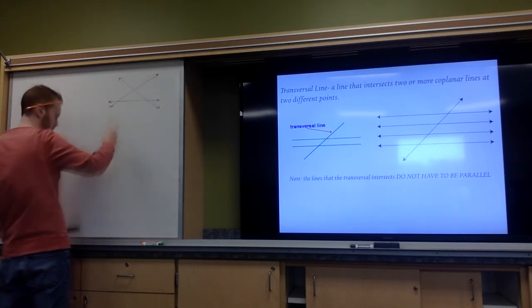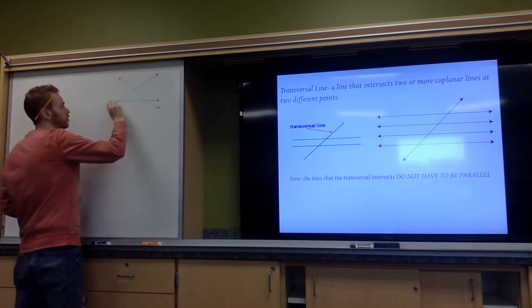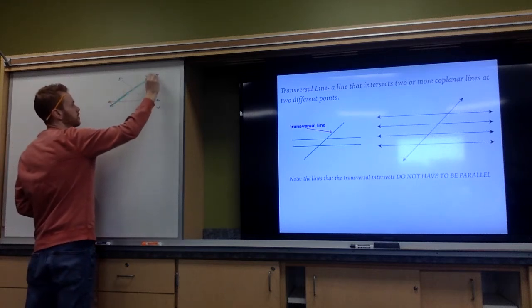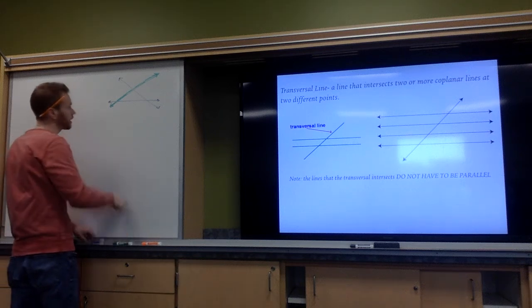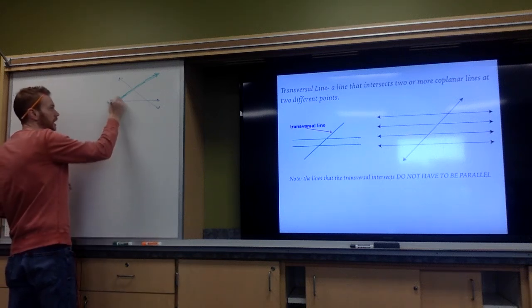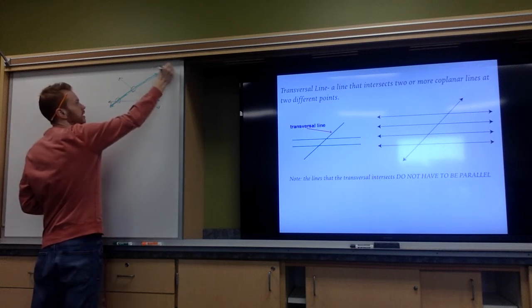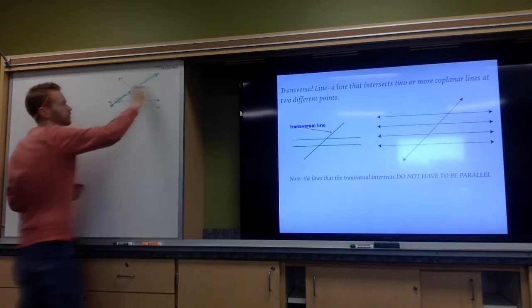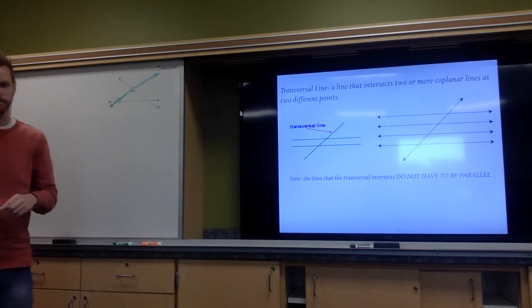So notice how, make this one green. This green line is a transversal line. It cuts through 2 other lines at 2 different points. So this is a transversal line. So this is another good example, okay, that doesn't show parallel lines. That could also happen.